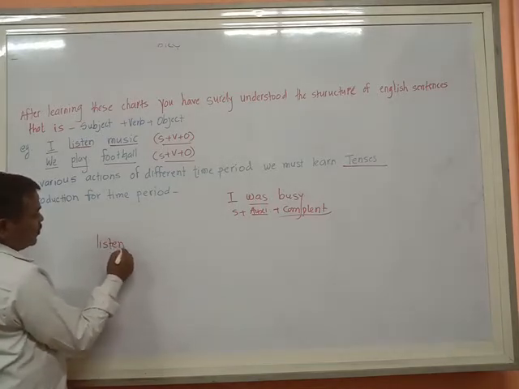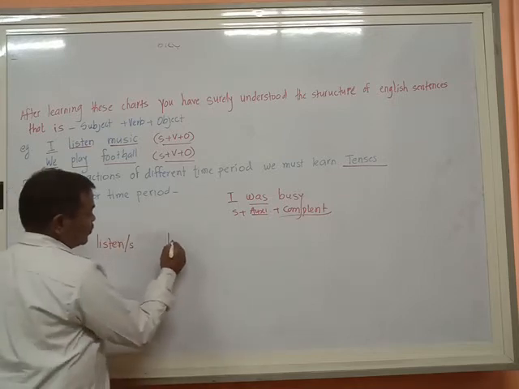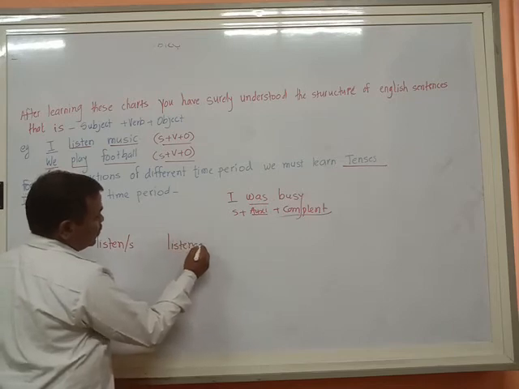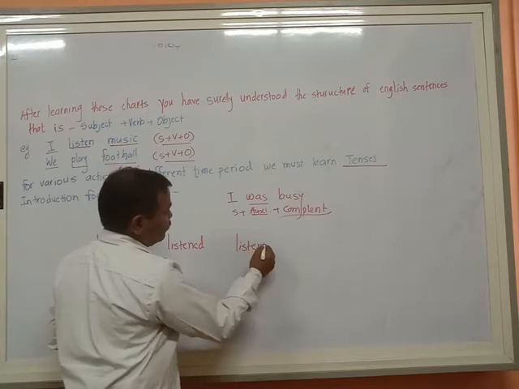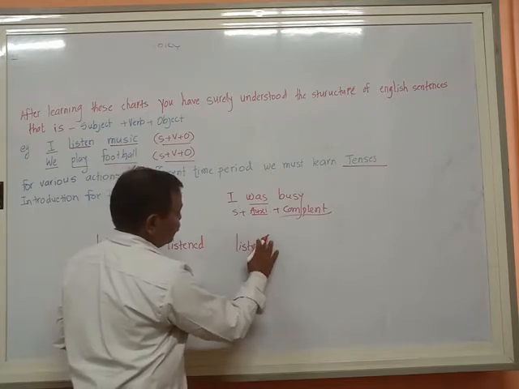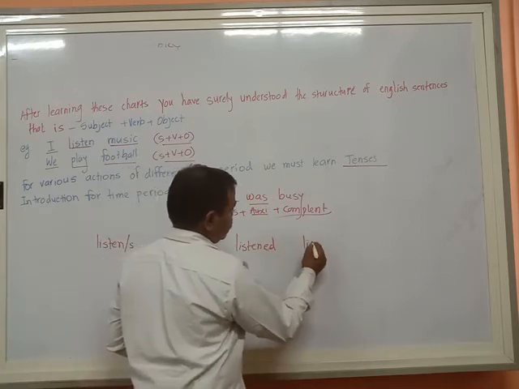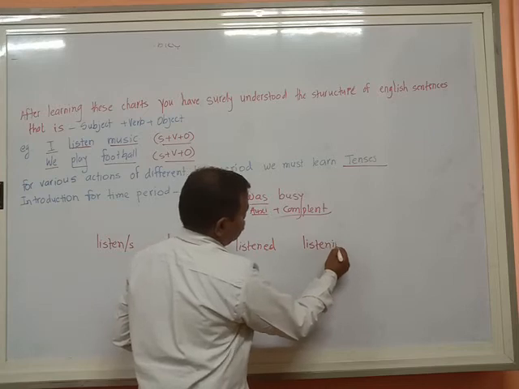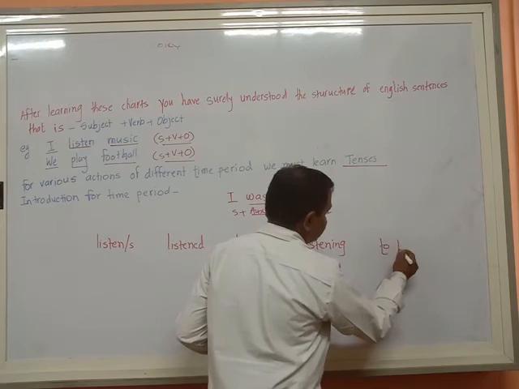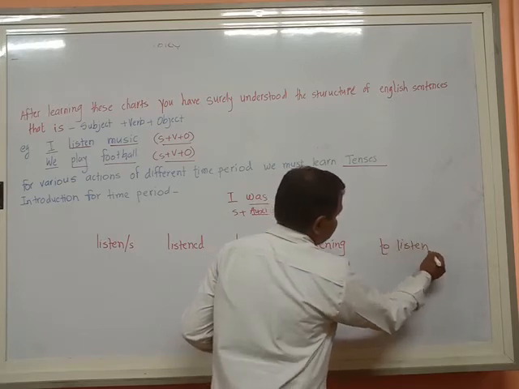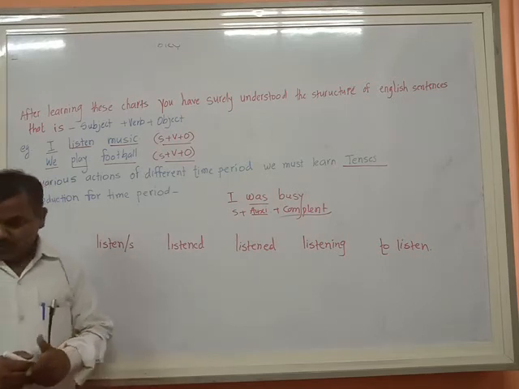Listen or listens, L-I-S-T-E-N-E-D, listened, listened, listening. And the last one is to listen. So this is one example of the different forms of the verb.